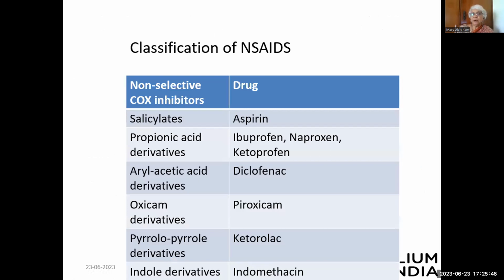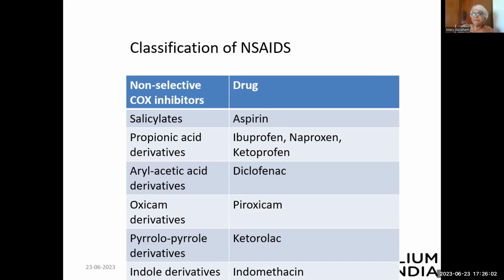So what are the non-selective COX inhibitors? They have the good effect of inhibiting COX-2, but they also have the adverse effect of inhibiting COX-1.